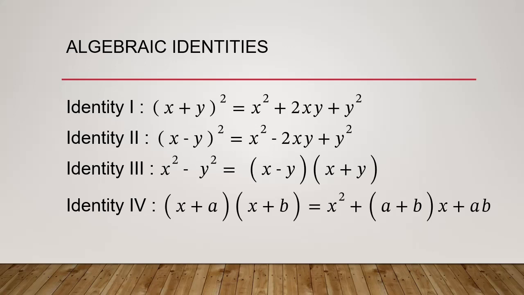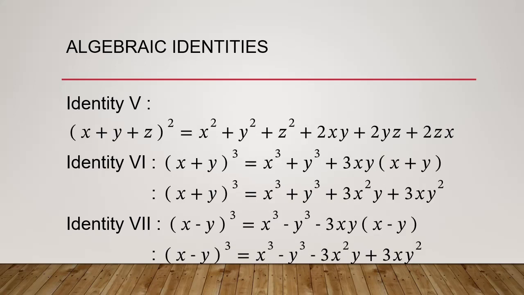Identity number 2: x minus y whole to the power 2 is equal to x square minus 2xy plus y square. Identity 3: x square minus y square is given by x minus y multiplied by x plus y. Identity 4: x plus a into x plus b is equal to x square plus a plus b of x plus a into b.